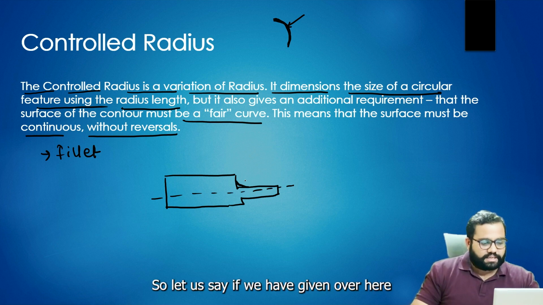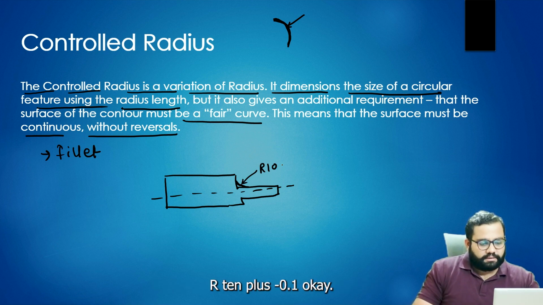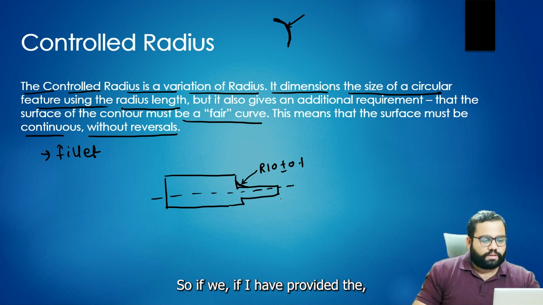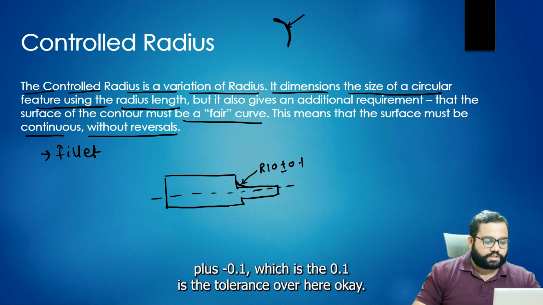Let's say we have given R10 plus or minus 0.1, where 0.1 is the tolerance.